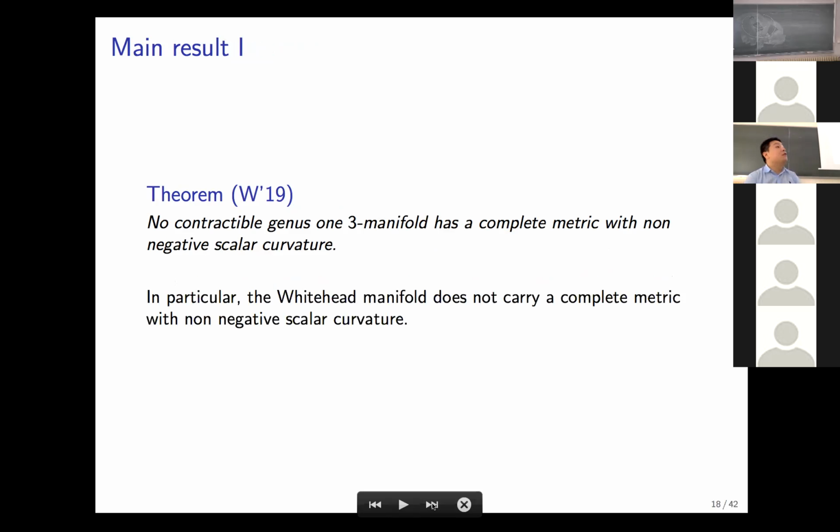In the following, we will just talk about the proof for the Wang manifold and for positive scalar curvature metrics, because the proof for the genus 1 case is the same as the proof for Wang manifolds. Actually, we can use Chodosh-Li's result to generalize the result from positive scalar curvature to the non-negative scalar curvature case.